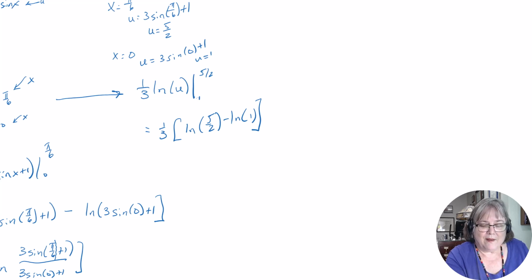Let me rephrase what I just said because I think I said it wrong. So this is e to what power is 1? What is it that you need there in order to get a 1? This would be 0. So this is 1/3 natural log of 5/2.